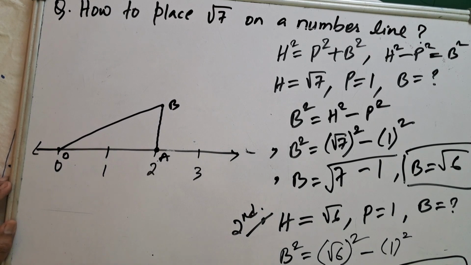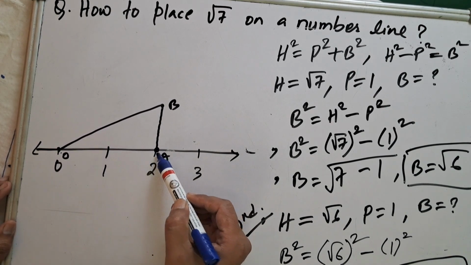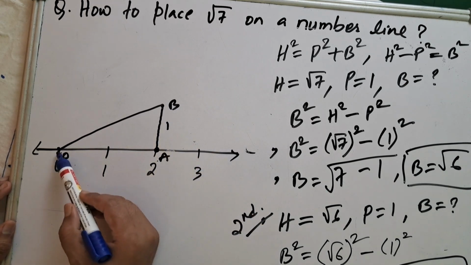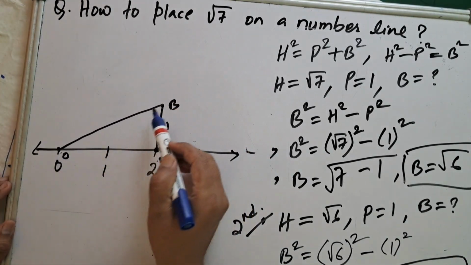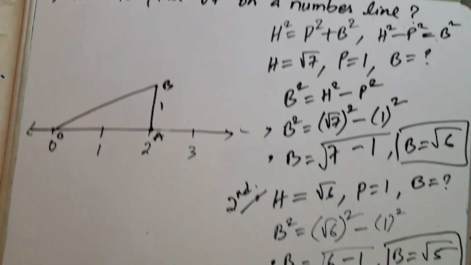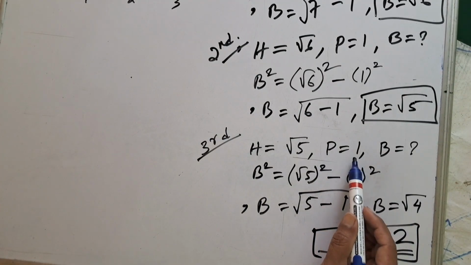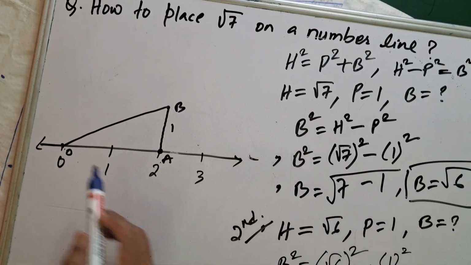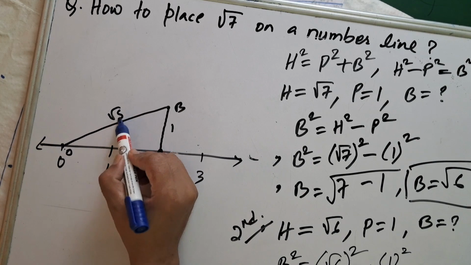OA is 2 units, the base. AB is 1 unit, the perpendicular. In this case, when base is 2 and perpendicular is 1, hypotenuse is root 5.